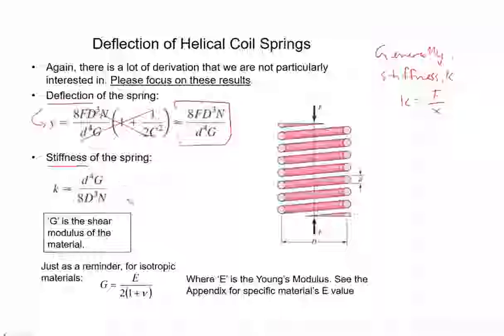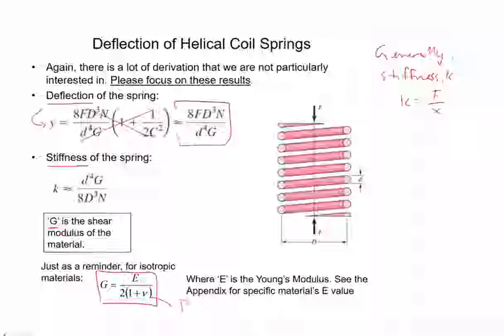You can verify the units of this, but G here is the shear modulus. And we're using that because the wire is primarily in torsion. And if you don't have G given for a material, you can find it using the Young's modulus and the Poisson's ratio.